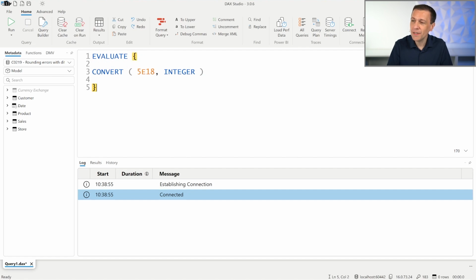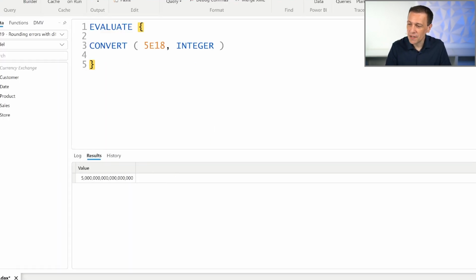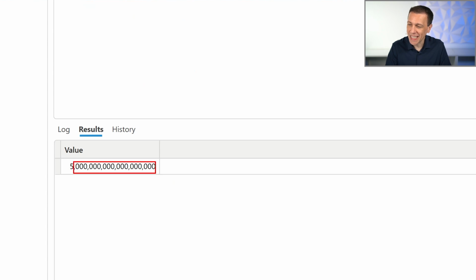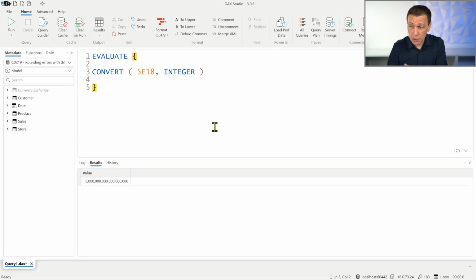So 5 with 18 zeros. It is an easy way to write a number. We can see the number, and this is the number that has 18 zeros after the 5. I don't know how to read this number. It's certainly the biggest number we can represent. And actually the number works. But I know that we are at the boundary now of the range that can be represented in 64 bits.